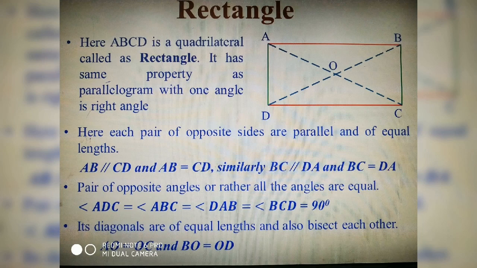And each pair of opposite sides are parallel and of equal length, like a parallelogram. So AB is parallel to CD, BC is parallel to DA, and also AB is equal to CD and BC is equal to DA. And each angle is 90 degrees in the case of a rectangle. And in a rectangle, the diagonals bisect each other and the diagonals are equal.